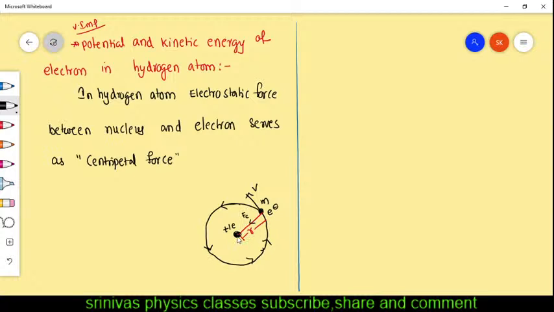The positively charged nucleus attracts the negatively charged electron towards the center. That force acts as the centripetal force. Which one serves as the centripetal force? The electrostatic force between the nucleus and electron. Centripetal force is necessary to maintain any body in a circular path.